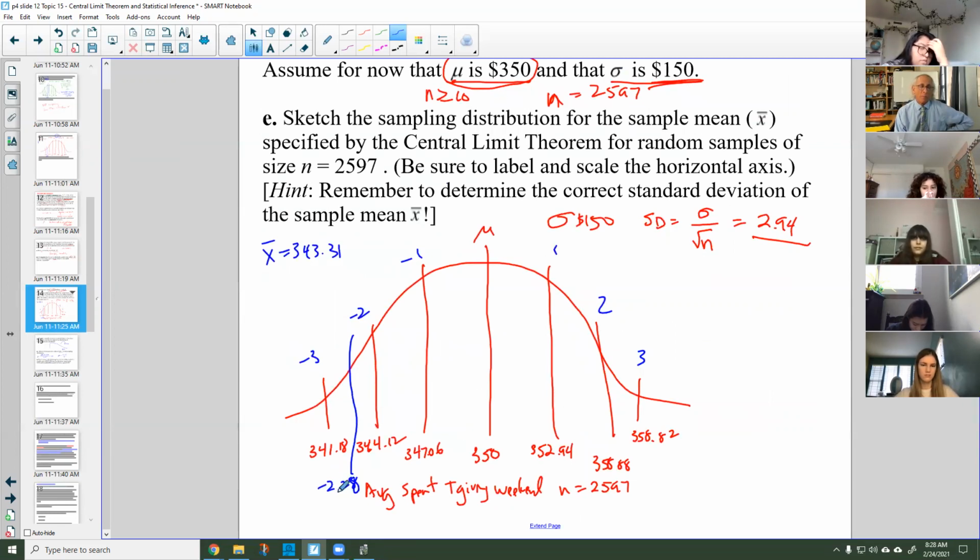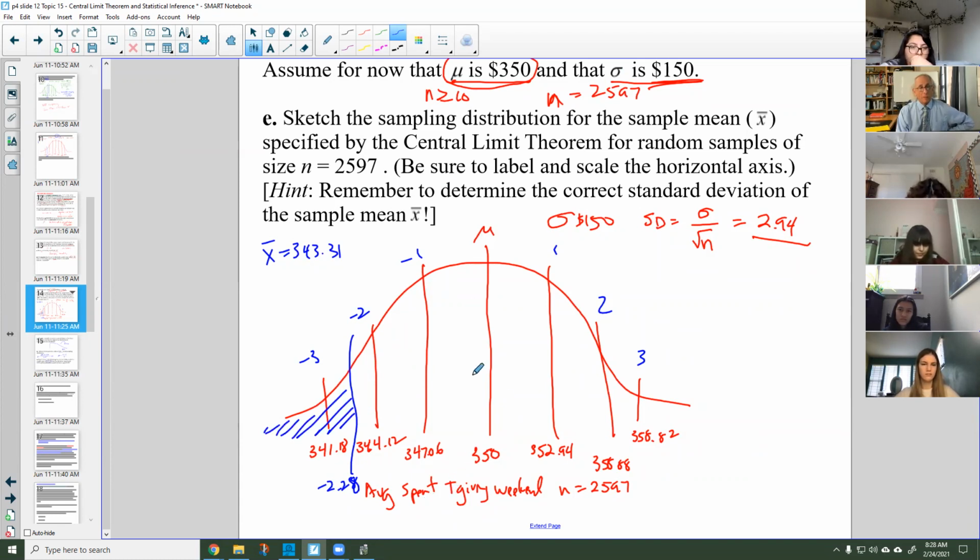I know I'm negative 2.28 standard deviations away from the mean. I think what I would like to do here is find out what this probability is right here, because it seems kind of low to me, and that seems kind of far away from the mean.